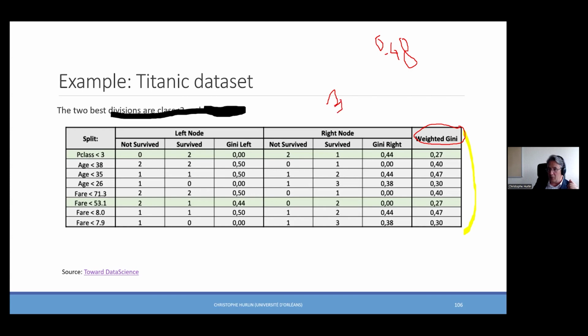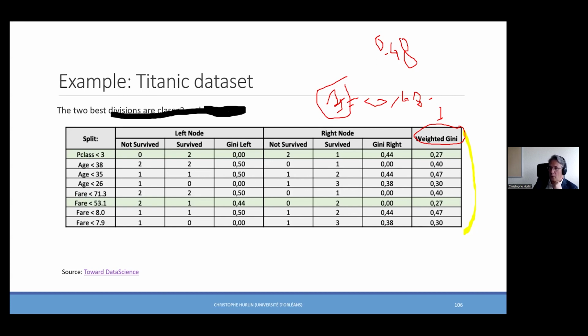And delta G is equal to 0.48 minus this value. So in order to maximize the impurity gain, I have to minimize the weighted Gini.